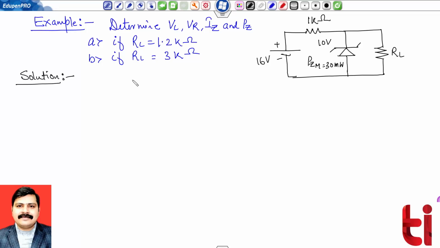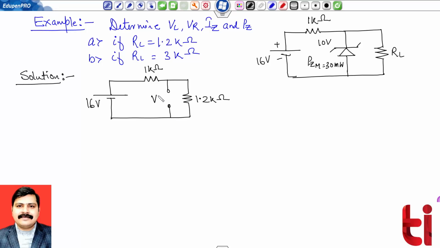You can see that we can start with the process. So temporarily remove this Zener diode. I'm redrawing the circuit: 16 volt, 1 kilo ohm, 1.2 kilo ohm.